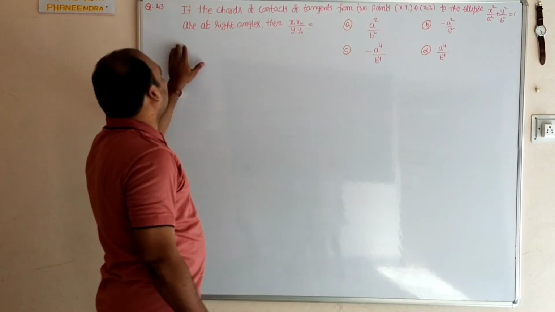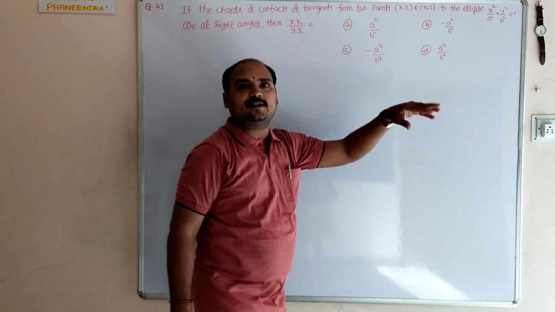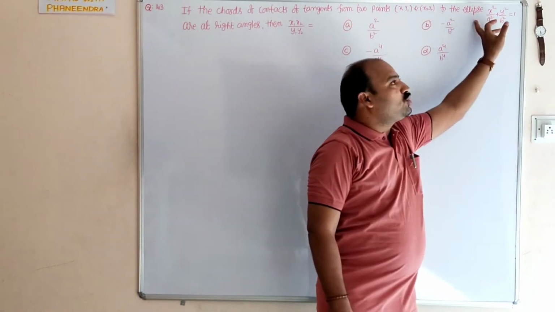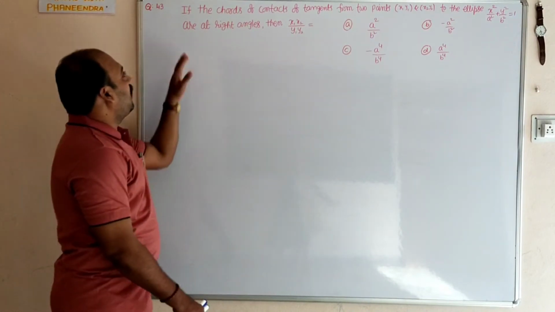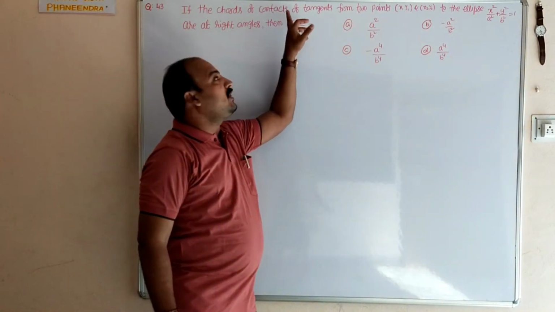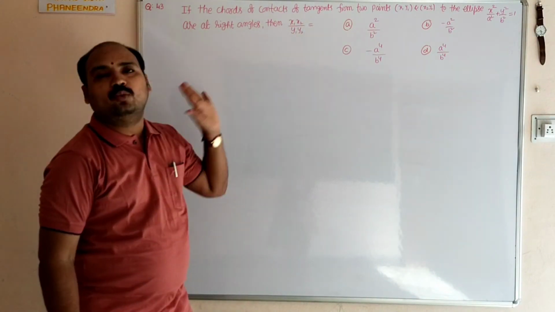The next question. If the chords of contact of tangents from two points (x1, y1) and (x2, y2) to the ellipse x square by a square plus y square by b square equal to 1 are at right angles, then x1 x2 by y1 y2 equals what?